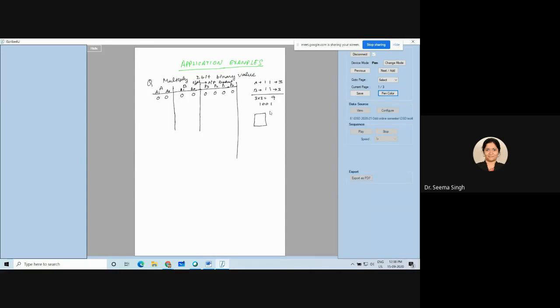This block diagram is a 2-bit multiplier, and what all inputs do you have? You have A0, A1, B0, and B1. These are inputs, right? This logic circuit you are planning to make has 4 inputs.